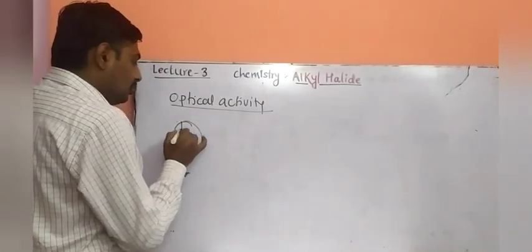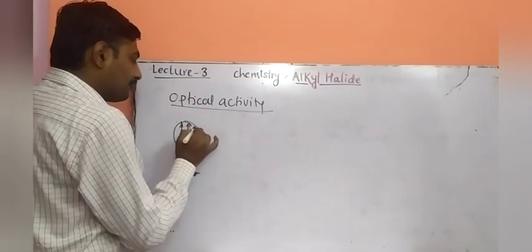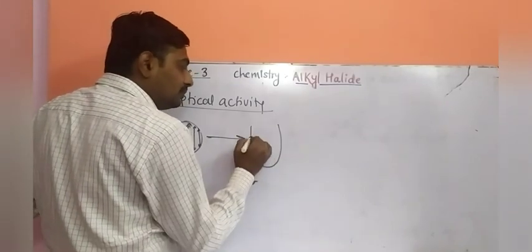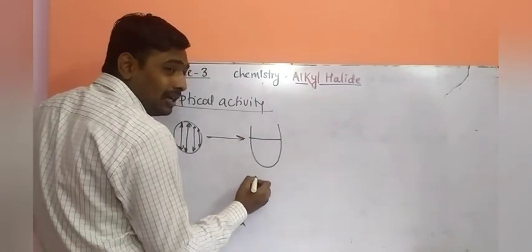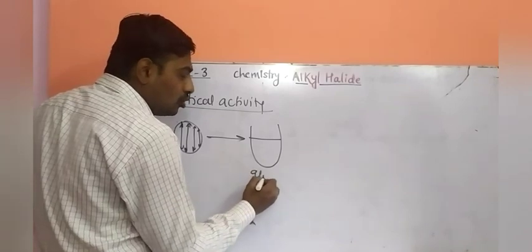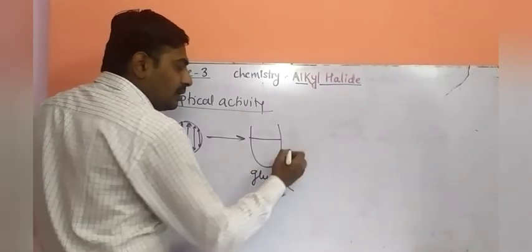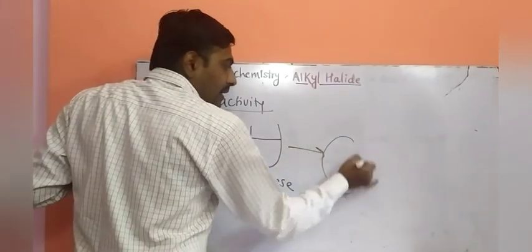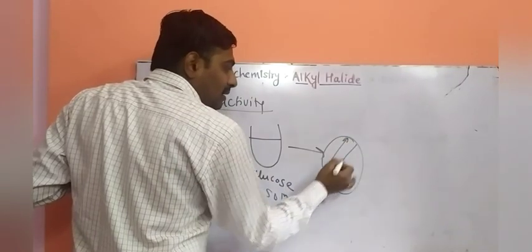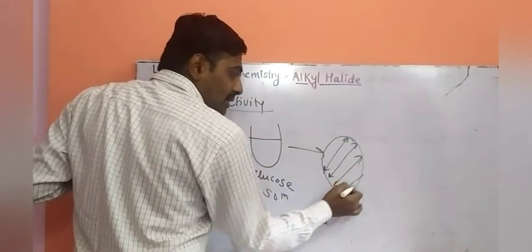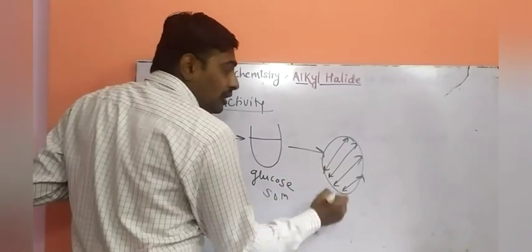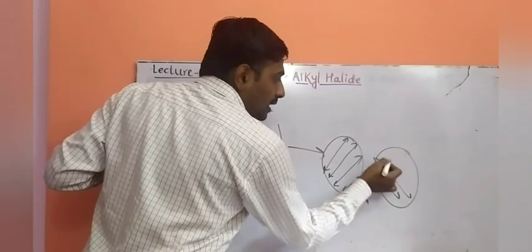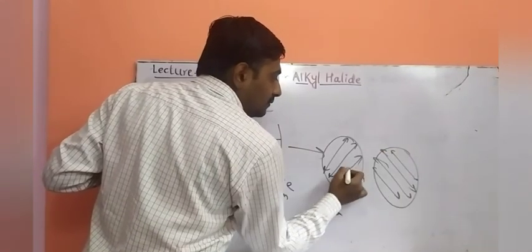When this plane polarized light passes through any optically active organic compound, like 2-chlorobutane, glucose solution, or lactic acid solution, the plane of the plane polarized light rotates to the right hand side, or the plane of the plane polarized light rotates to the left hand side with some angle.